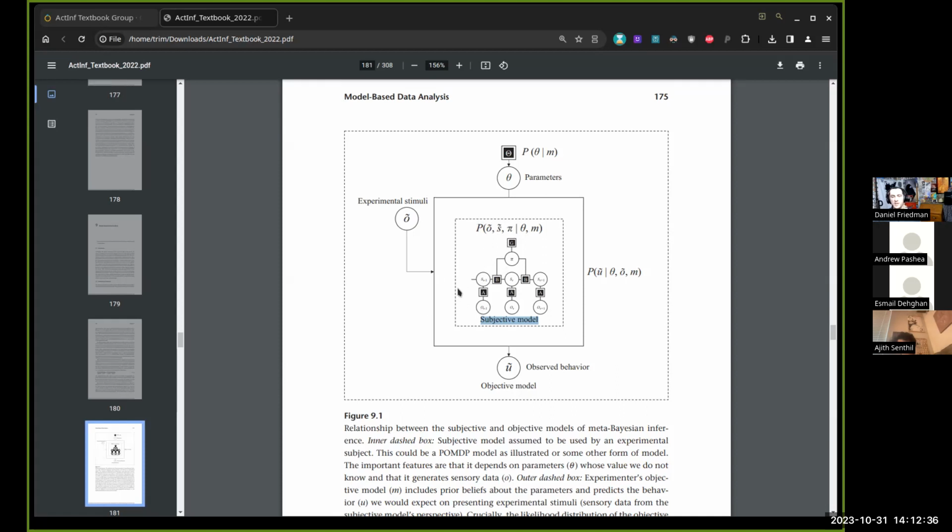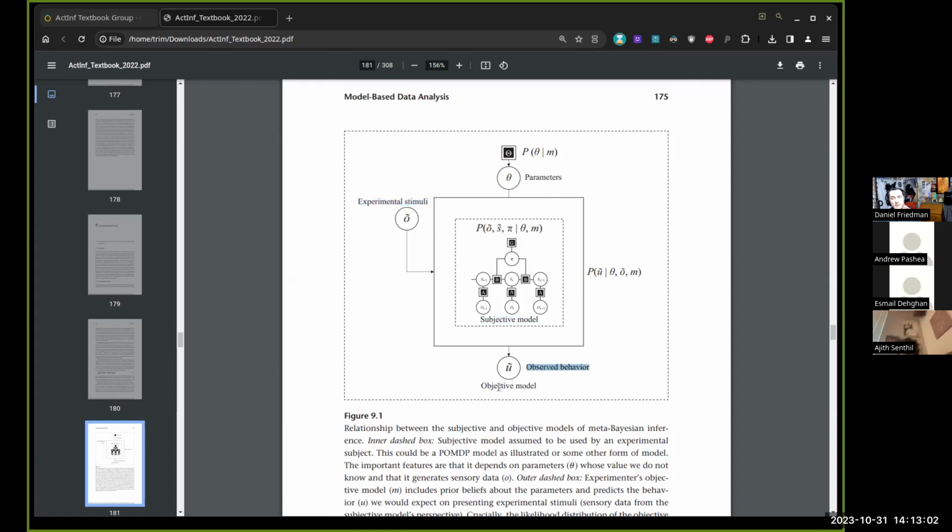And then in chapter 9, here we're just going to pop out and add another dashed ring and a solid box around that to represent the fact that now we have the lab and the subject. Here's the experimental stimuli going into the black box.